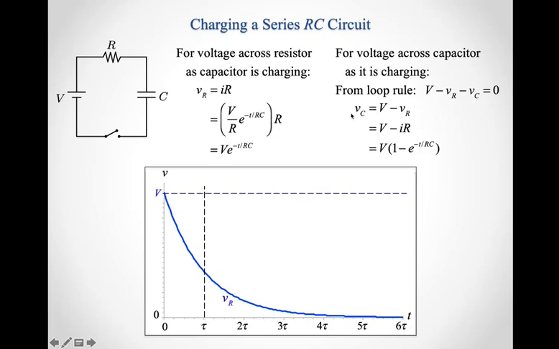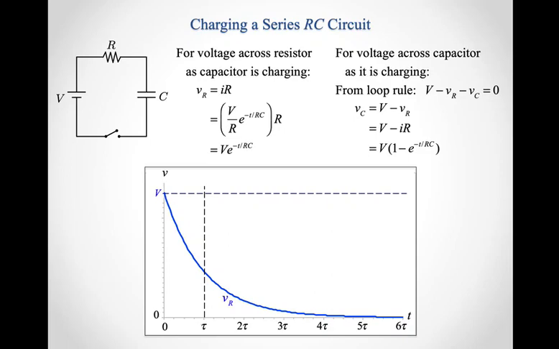So I can solve for the voltage across the capacitor. It's just going to be the voltage of the battery minus the voltage drop across the resistor. Well, I know how to calculate that out. I plug in for I, and so what I end up getting is that the voltage across the capacitor is equal to the voltage of the battery.